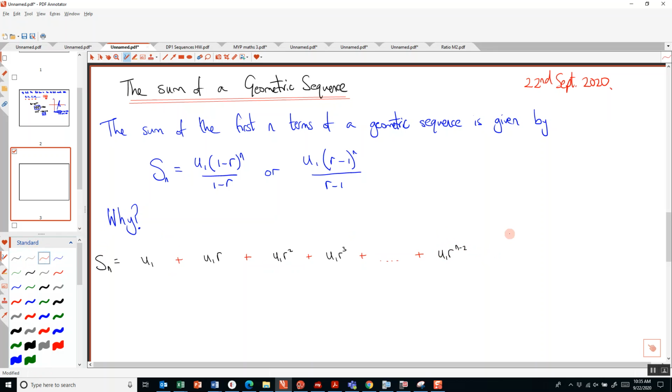And the last term is u1 r to the n minus 1.